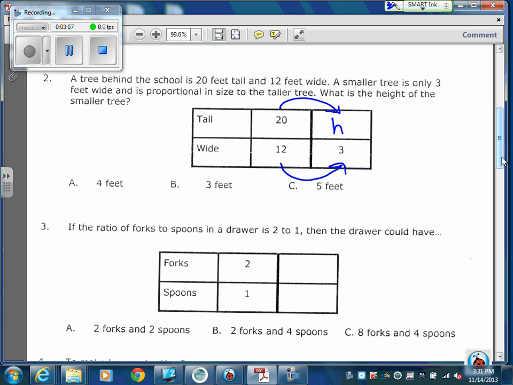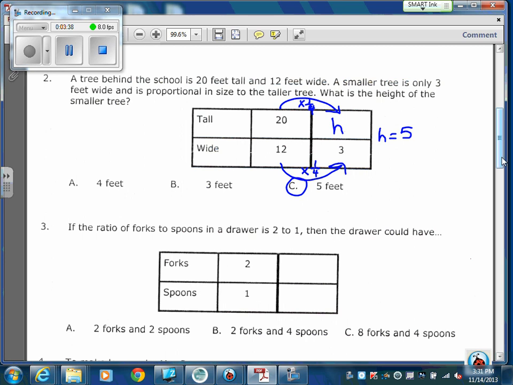So I can think, okay, 12 divided by 4, but scale factor would be times a fourth because we know multiplying by a fourth and dividing by 4 is the exact same thing. So 12 times 1/4, or really divided by 4, is 3. So on the top, 20 times a fourth, or divided by 4, is 5. So H would be 5, and your answer is C.